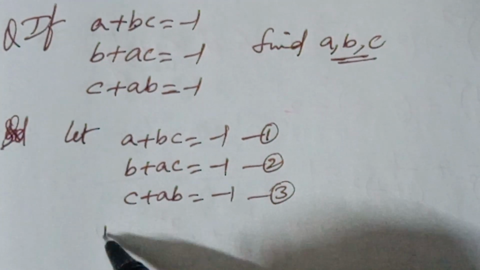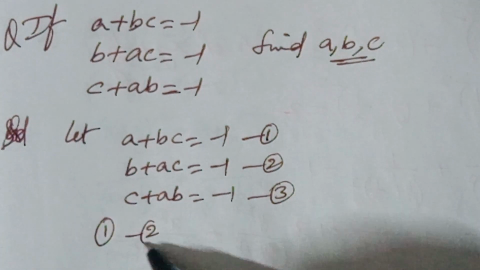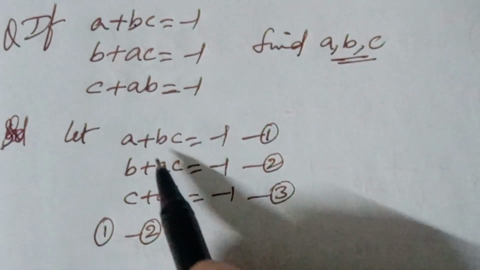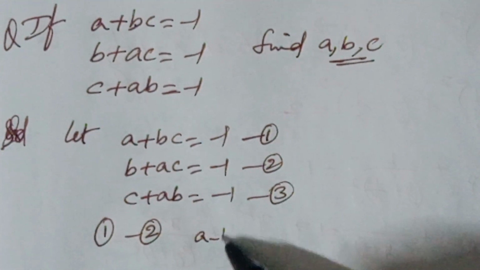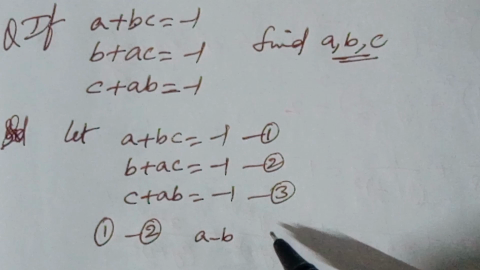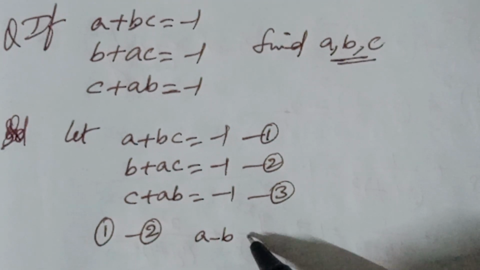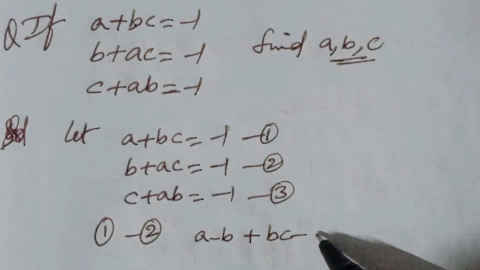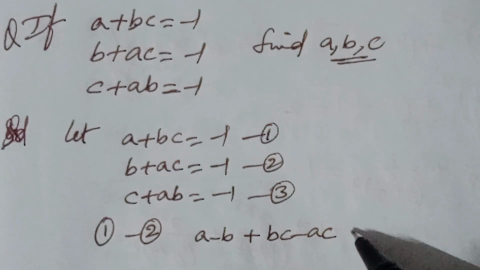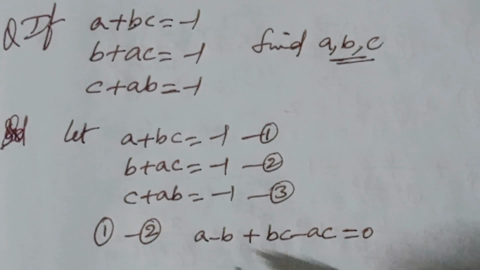So here, 1 minus 2. What are we getting? 1 minus 2 means here a minus b plus bc minus ac equal to 0.